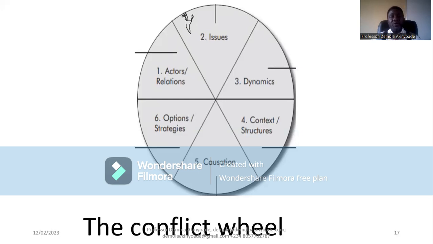Don't forget that conflict analysis is not an end in itself, it's a means to an end. The end is to help us plan the best therapy, the best intervention for the problem of the conflict at hand.